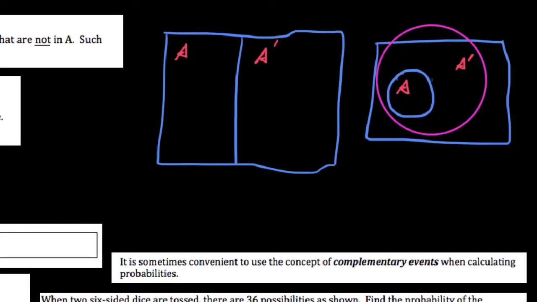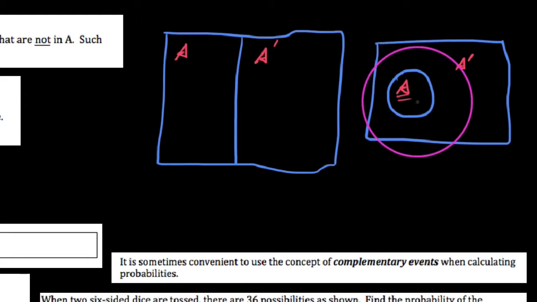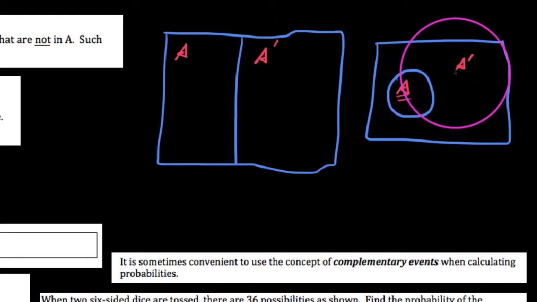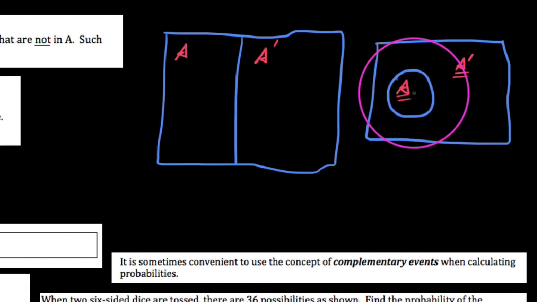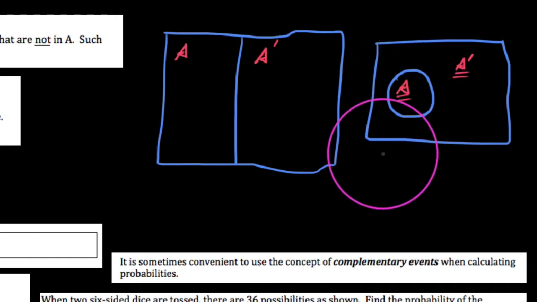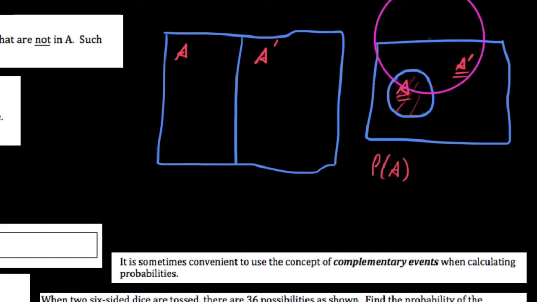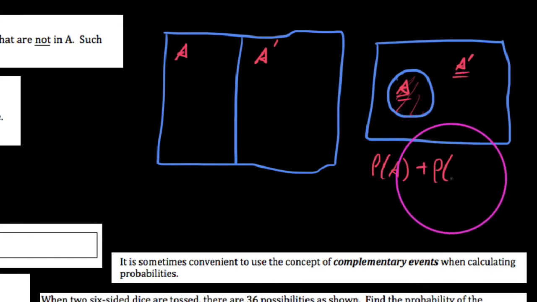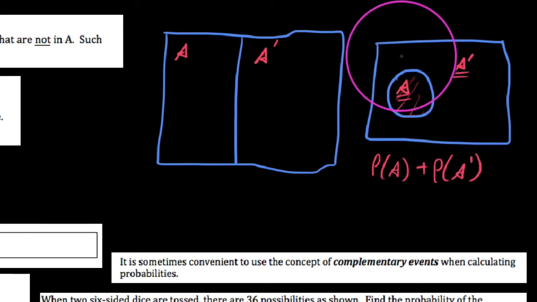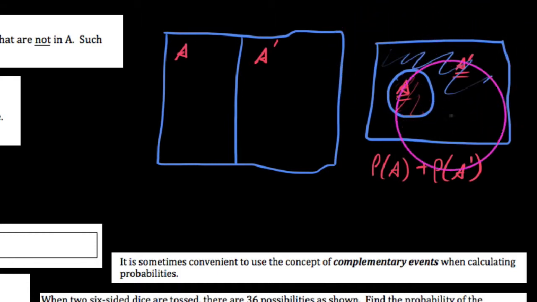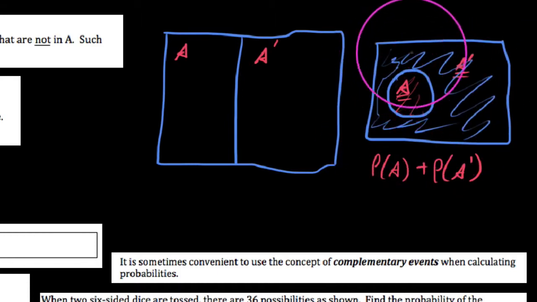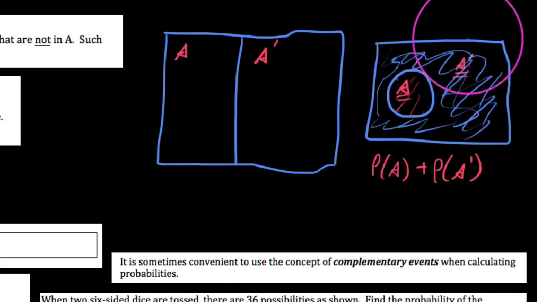So going back over here on the right, consider any event A alongside everything but A. If you add up the probability of getting something in A, so that's this out of the total amount of space, to the probability of everything but A, everything out here, you should be coloring in the entire space.